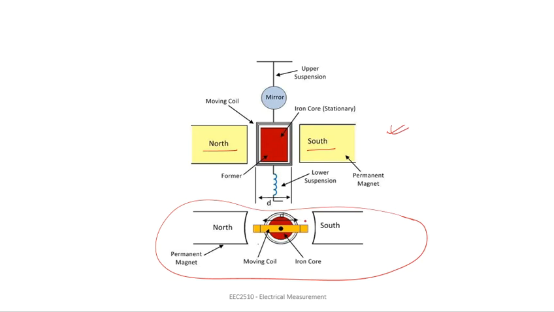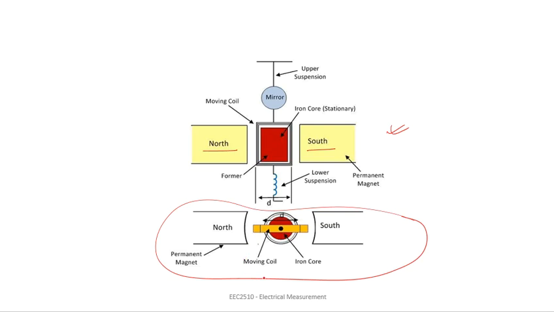You can see that this is the coil. This D represents the width of the coil, and this L represents the vertical height of the coil. The coil will continue to deflect until its electromagnetic torque balances the mechanical counter torque of the suspension.